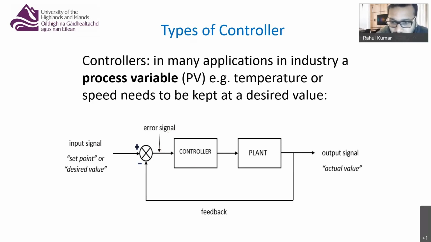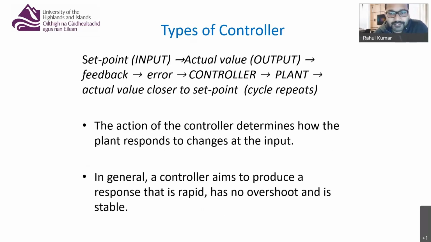Now, this reduction in error, or bringing your output closer to your input, is conducted in cycles, right? It's not like you provide the input and immediately get the output as you desire. It is actually conducted in cycles.